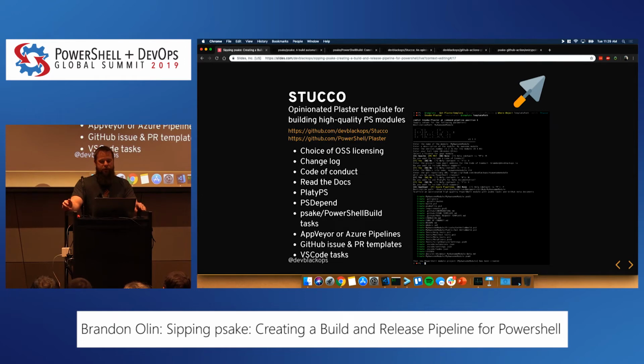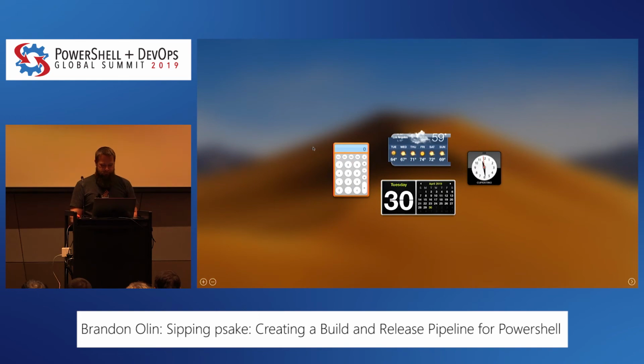So all of this you could do yourself, but again, you're running into the same thing as originally with PSake: I take a PowerShell project that has all this set up, and I basically just copy and paste and tweak for every single module, and then they start to drift. So Stucco is a way to codify that all in one place, and then when I create a module, I run Stucco and I just create exactly how I want it to look. So let's take a look at that real quick.